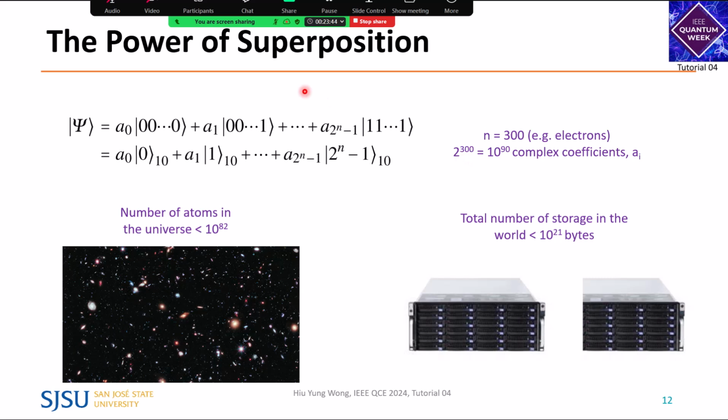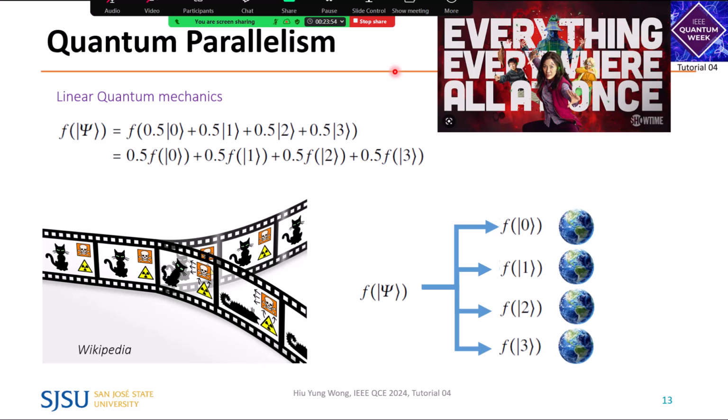We have not said why superposition is important, but you see that superposition is profound. If it is profound, we probably can use it to do something special. One very hand-waving idea is that we can do quantum parallelism. Of course, this is not rigorous. If it is a superposition, for example now I have 2 qubits, so I have 4 basis states, 2 to the power 2, right?